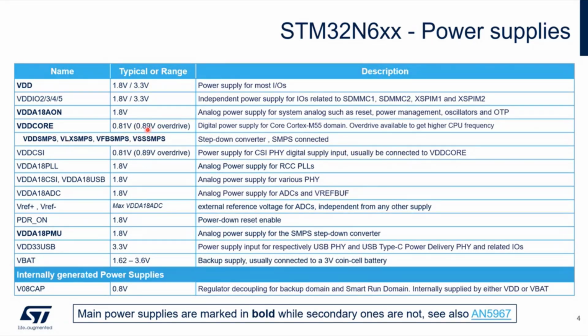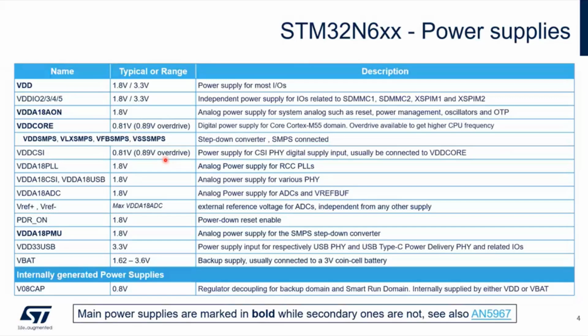We have two ranges. The typical, the normal VDDCORE voltage is 0.81 volt, so you can achieve up to 600 megahertz of core clock, or 0.89 volt, the overdrive mode, to increase the core frequency to 800 megahertz.